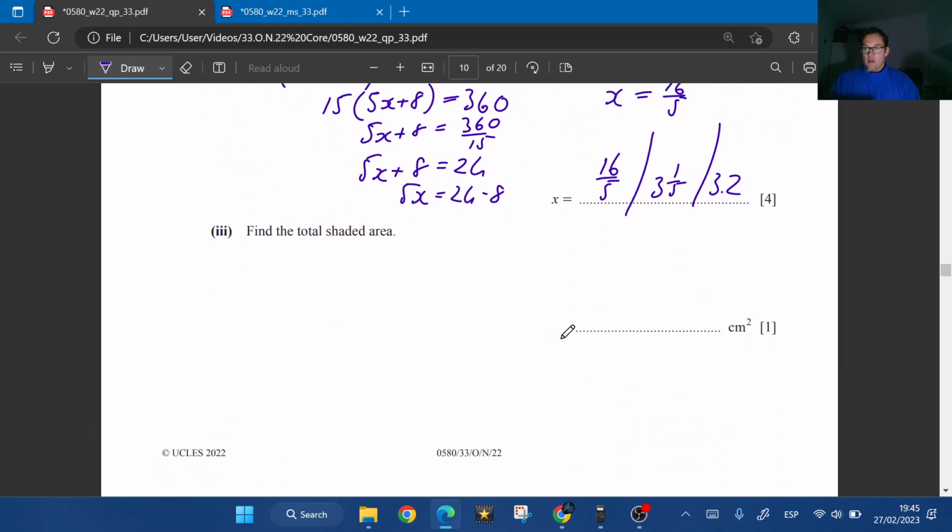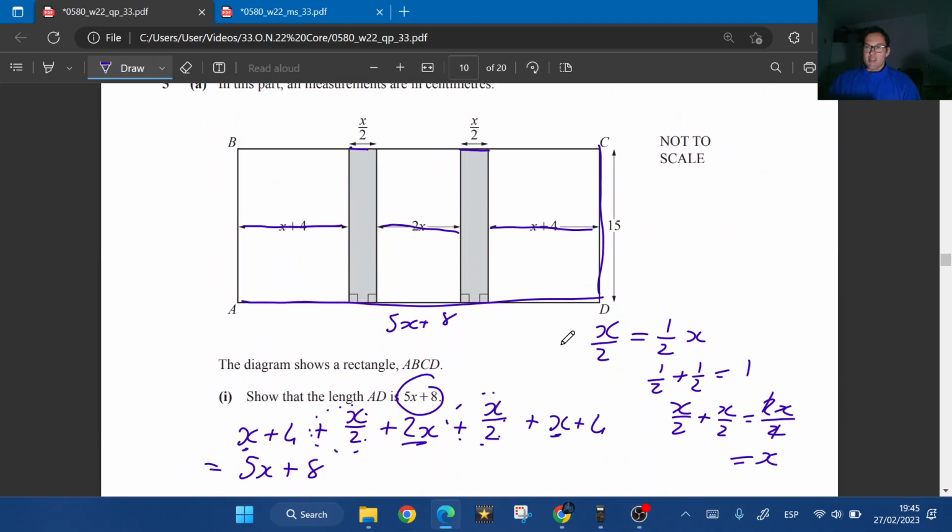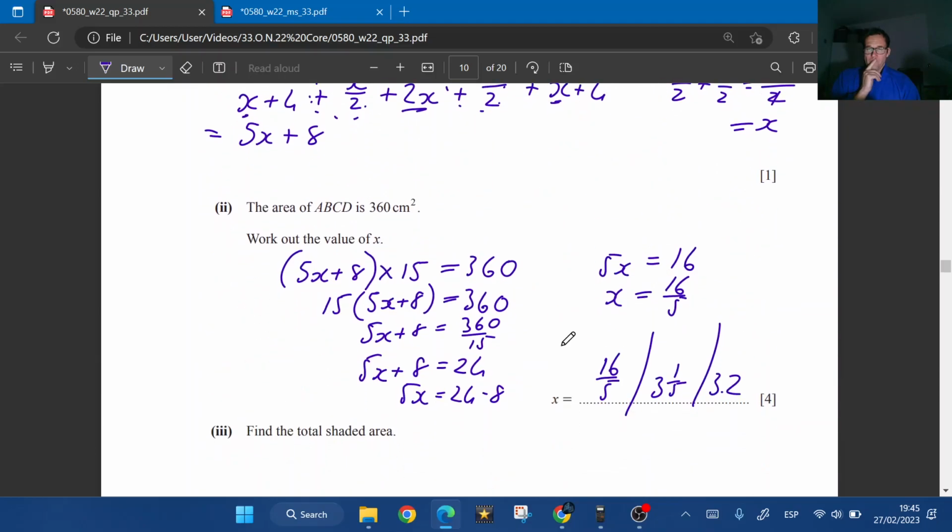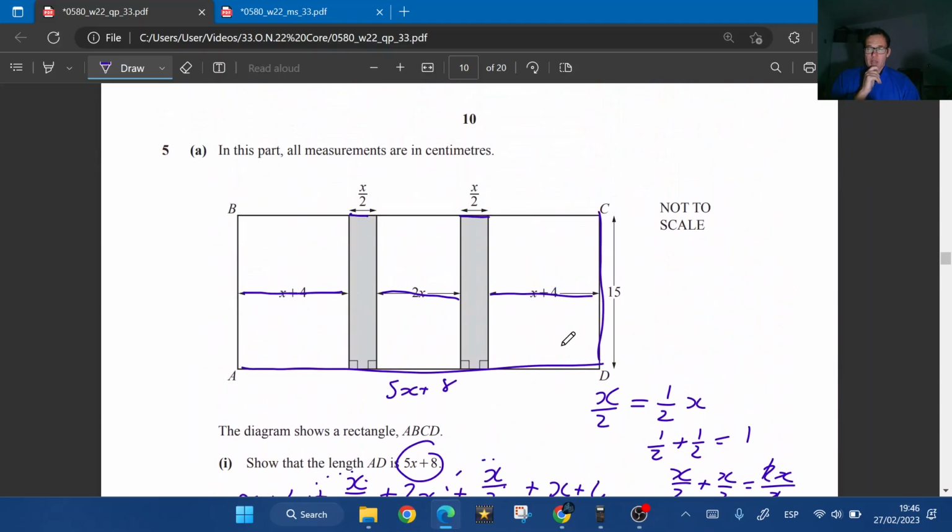Okay. The total shaded area is the next thing they want to know. How are we going to do that? Well, the shaded area is a rectangle as well, isn't it?